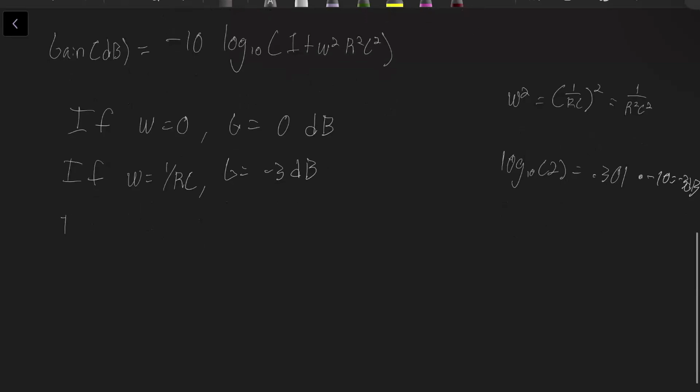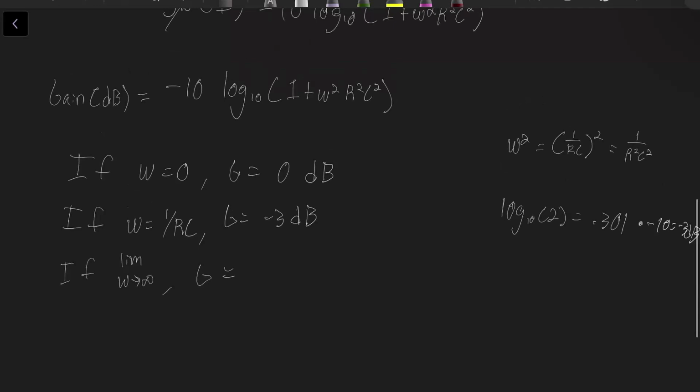And finally, if we take the limit as omega goes to infinity, what happens? Well, we can just think about it. What happens if we keep plugging in bigger and bigger numbers? The term inside of our log is just going to get larger and larger and larger, right?